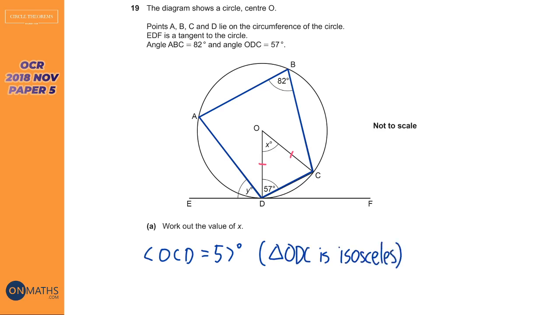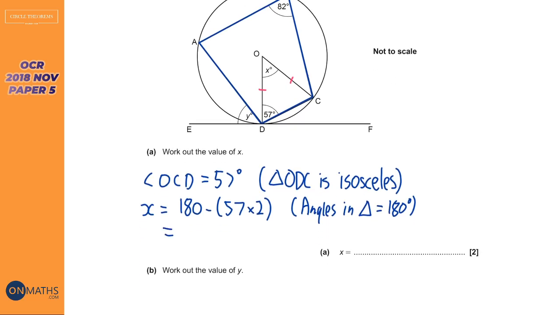Okay, and so therefore x equals 180 degrees, take away 57 times 2. And the reason for that is angles in a triangle add up to 180 degrees.